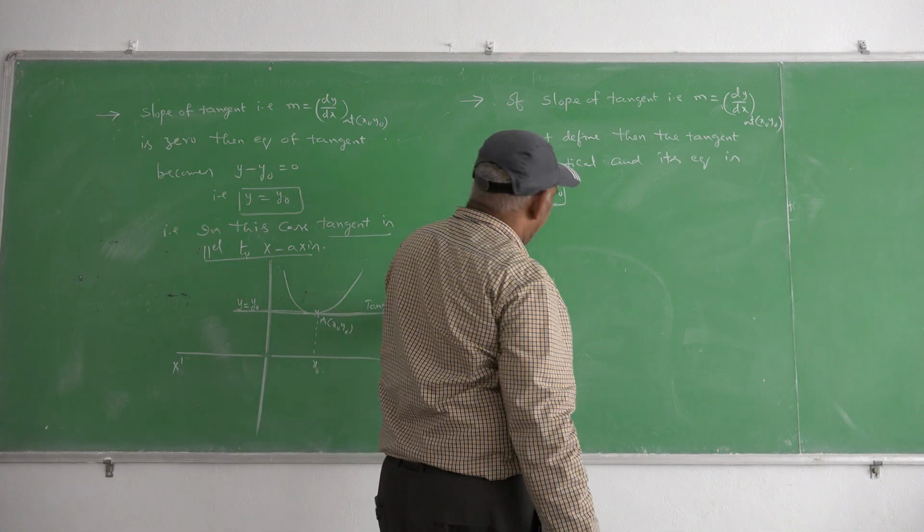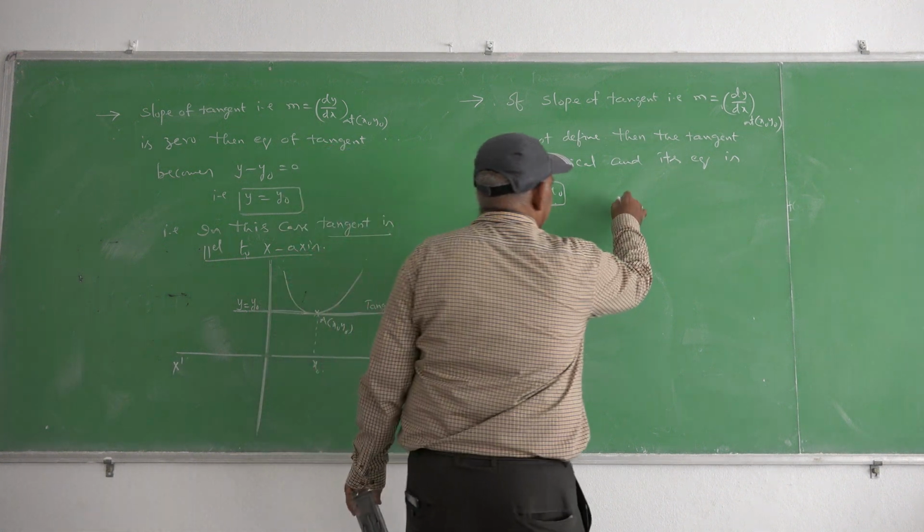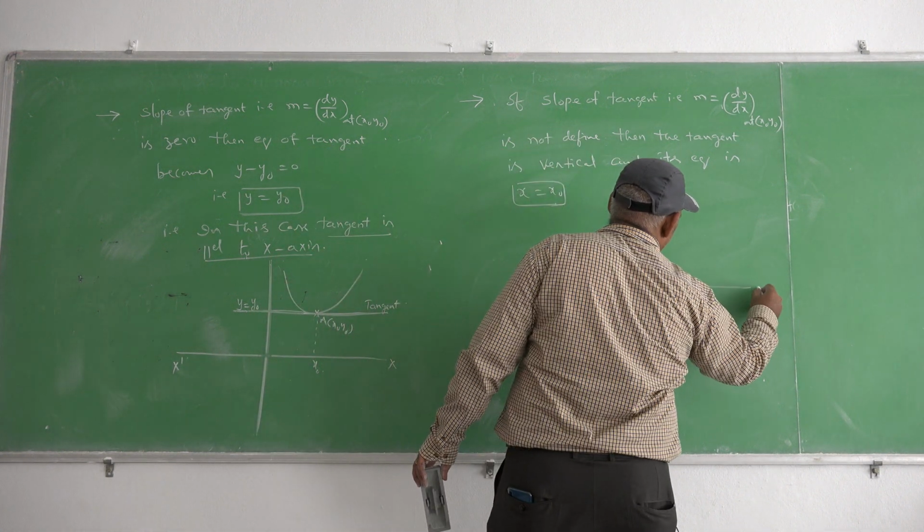Once the slope of the tangent is not defined, the derivative does not exist at that point.